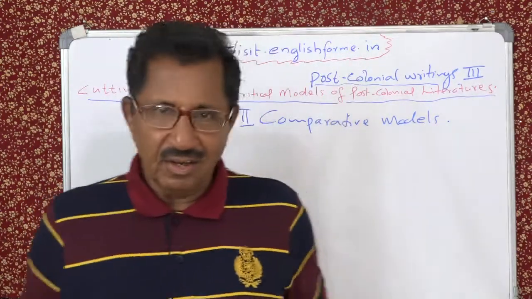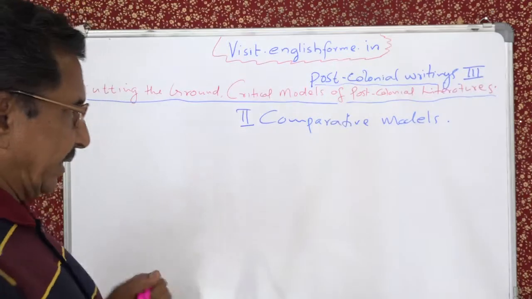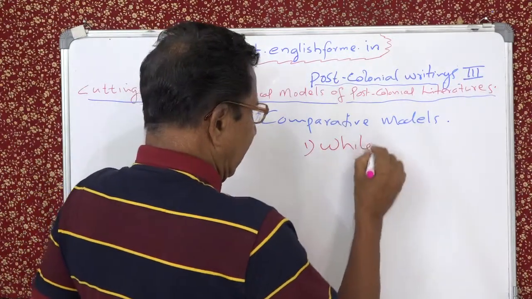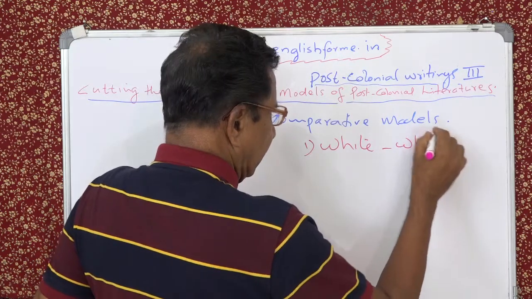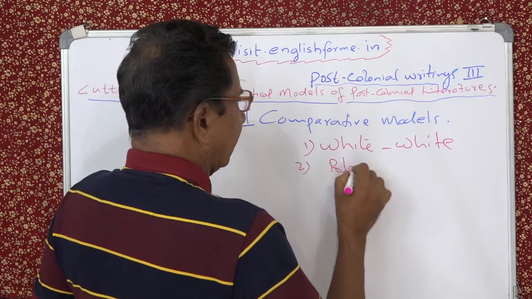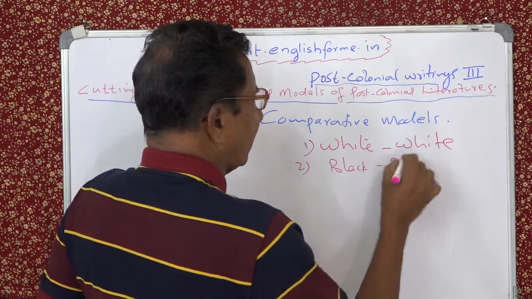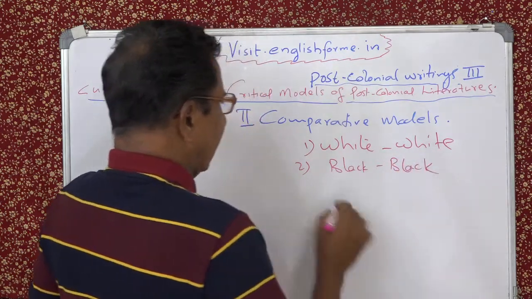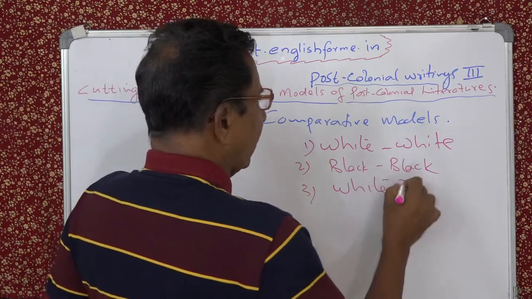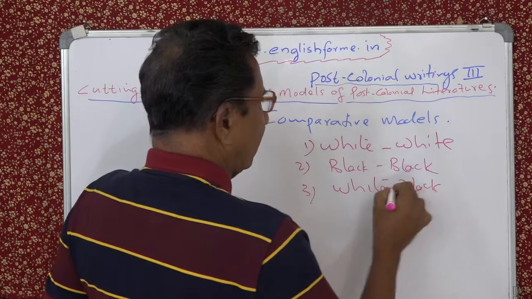The first one is the white-white model. The second is the black-black model comparison. And the third is white-black, or you can say black-white.